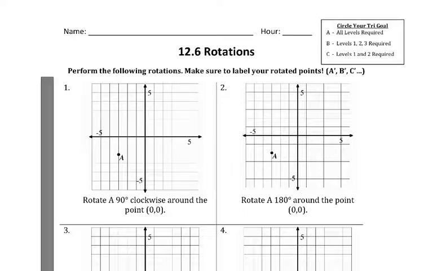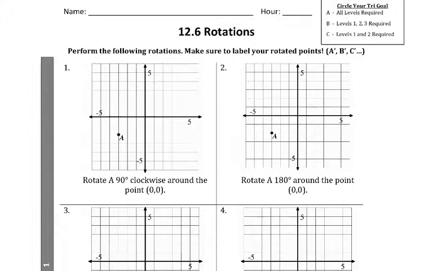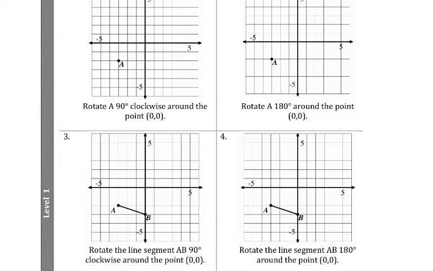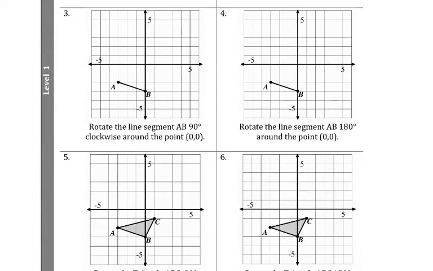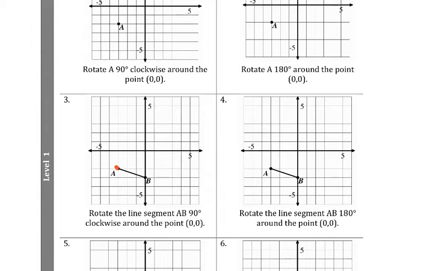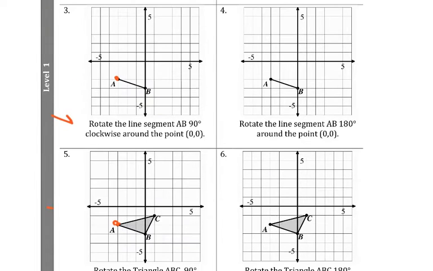We can. Now, I know traditionally I do all of the level 1 questions. But in this video, what I wanted to point out to you is that if you look here, point A is in the same place in all of the questions that we have. And all of the directions on the left side are exactly the same.